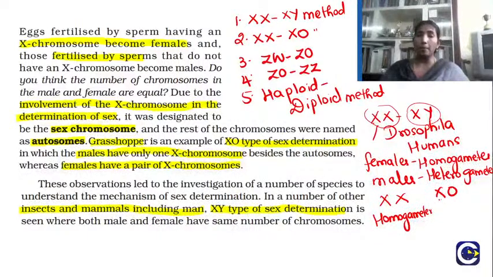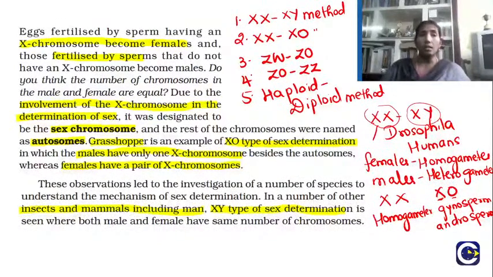There are two types of sperms, either with X or without. If they have X, we call them gynosperms. If they don't have X, we call them androsperms. So they have two types, XX and XO. This is another type we know.